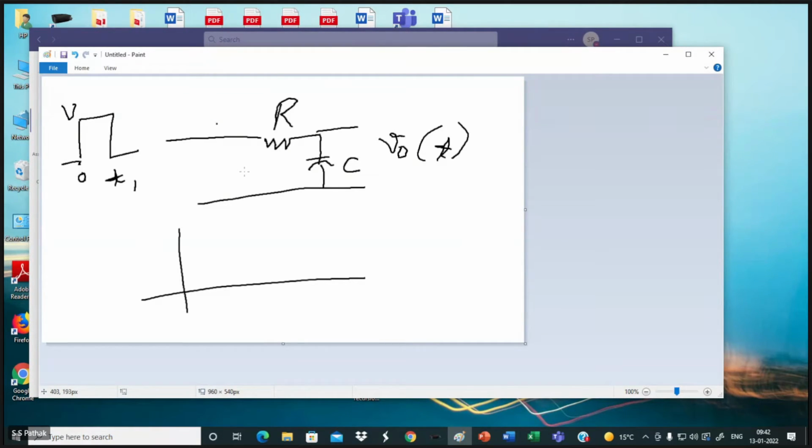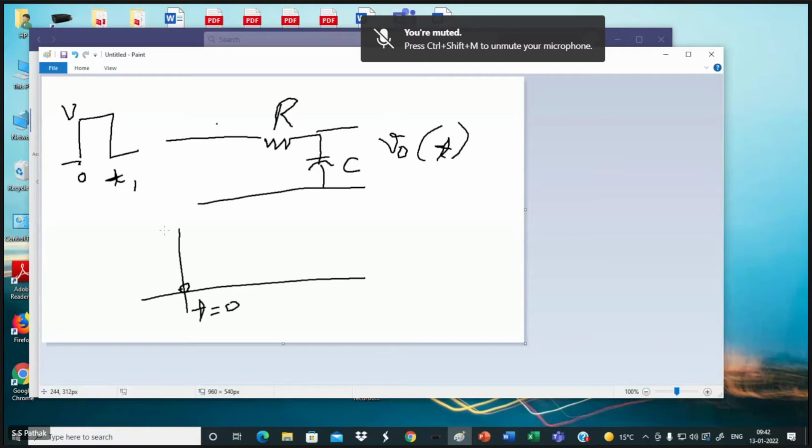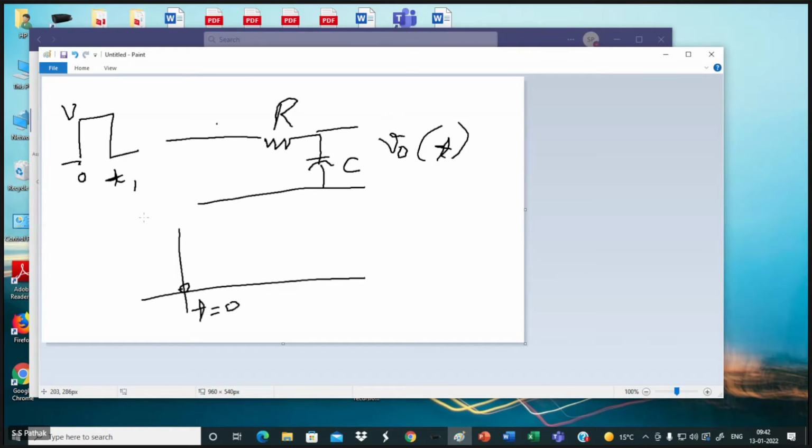So initially when this V has been applied, this V naught T becomes your 0. So here it is 0 at T equal to 0. Convinced or not? At T equal to 0 it is at that point, then the voltage remains V. So V will now be charging the capacitor through this resistance, and it will charge in an exponential way up to this.